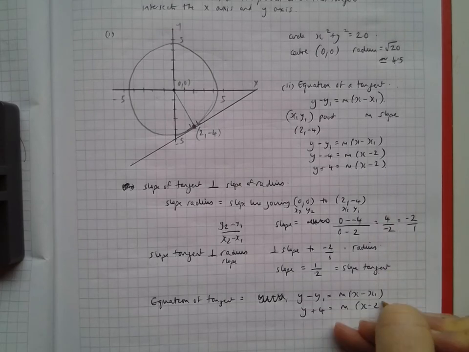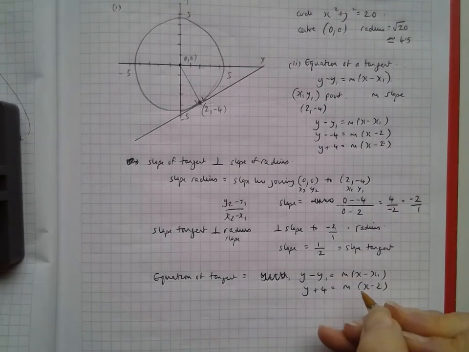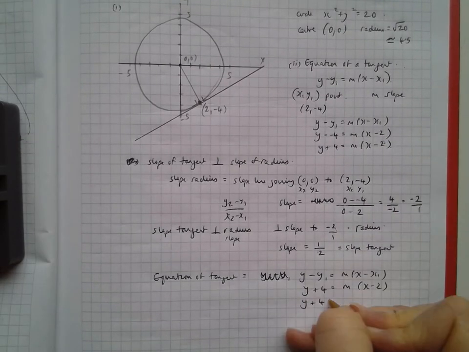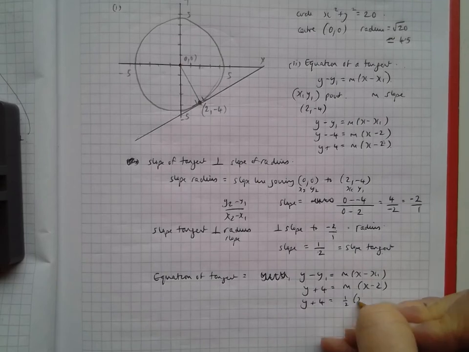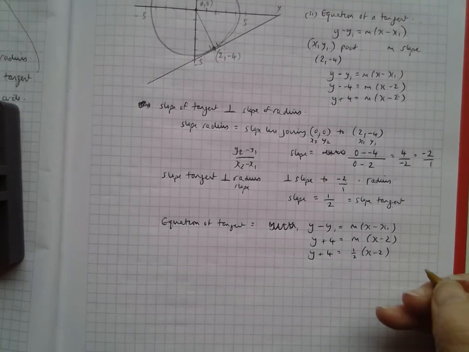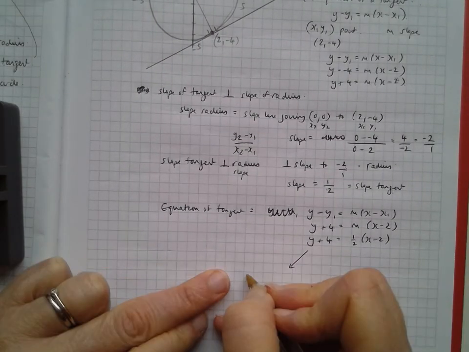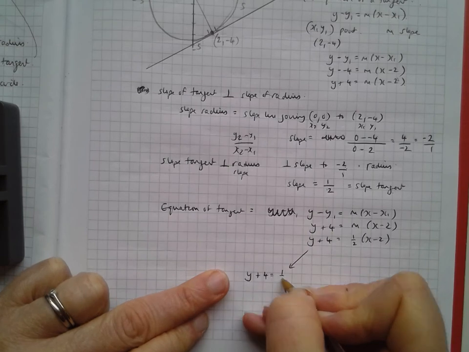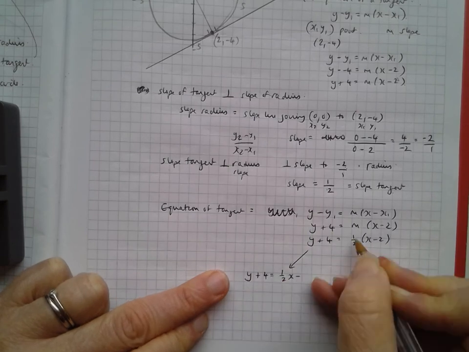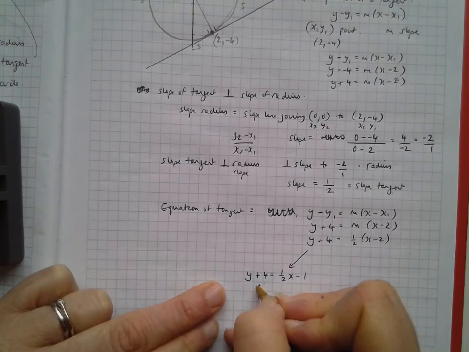So my slope is a half, so y plus 4 is equal to a half by x minus 2. So I can do this two different ways if you remember from your coordinate geometry. So let's go, one way is to say y plus 4 is equal to half x minus a half by 2, which is minus 1. So subtracting 4 from both sides, you've got y is equal to a half x minus 5.